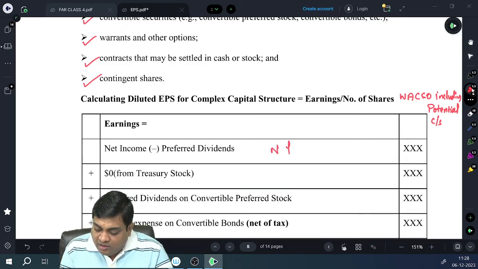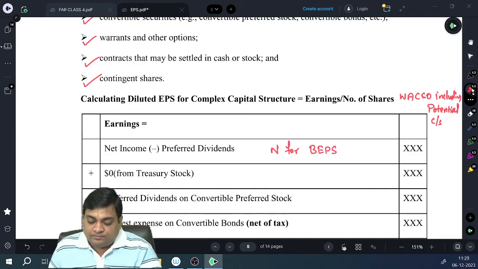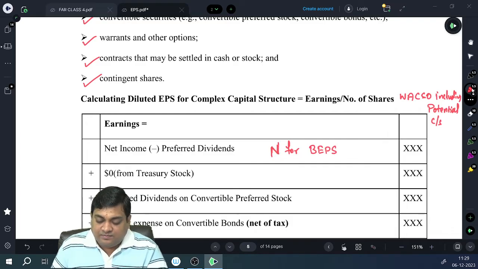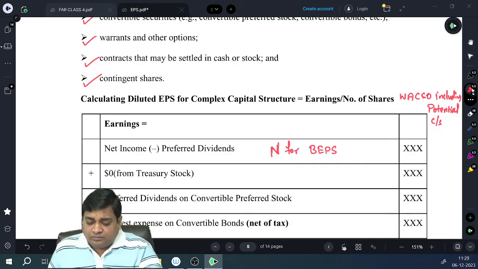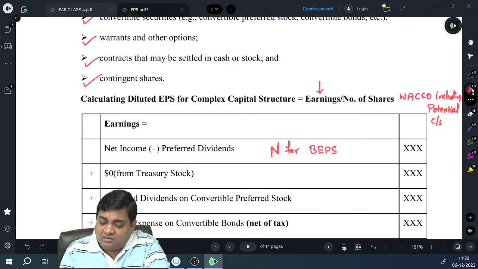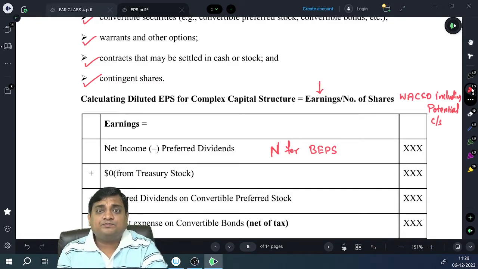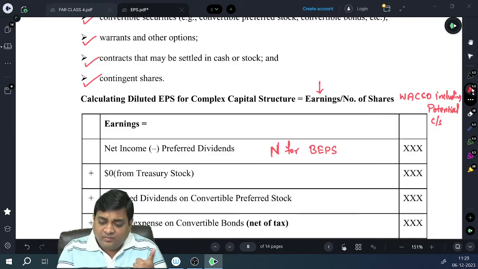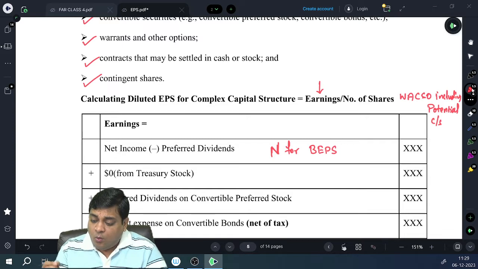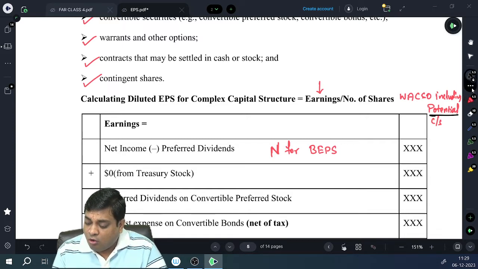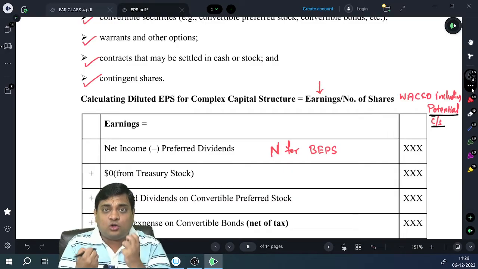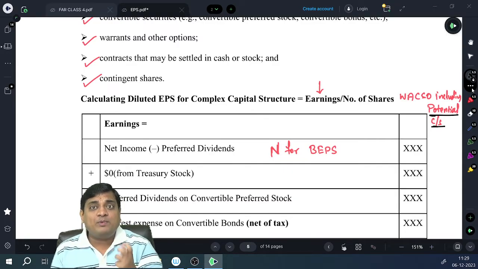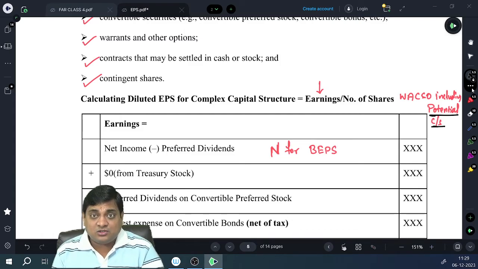This was the numerator for BEPS, if I am not wrong. Now, from these earnings, in the case of BEPS, we already know that interest on debentures is subtracted and preferred dividend is also subtracted. Once these preferred stockholders or bondholders convert into common stock, you won't be paying interest anymore if you had convertible bonds, and you won't be paying preferred stock dividend if you had convertible preferred stock, right?